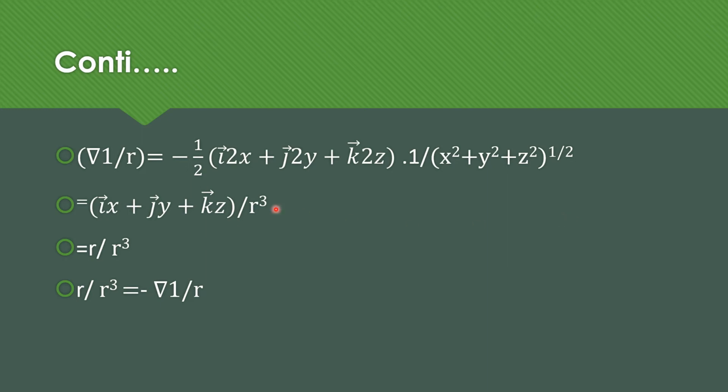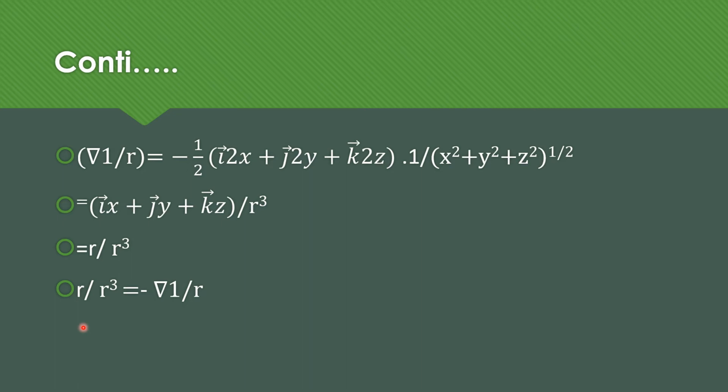is equal to minus 1 by 2 times (i 2x plus j 2y plus k 2z) into 1 upon (x square plus y square plus z square) to the power 3 by 2, the partial differentiation. And when we simplify this equation, it comes out to be minus (ix plus jy plus kz) upon r cube, which is nothing but minus r by r cube.